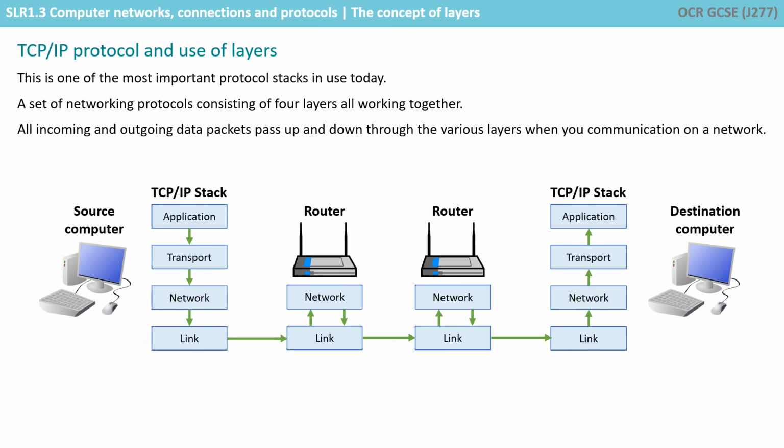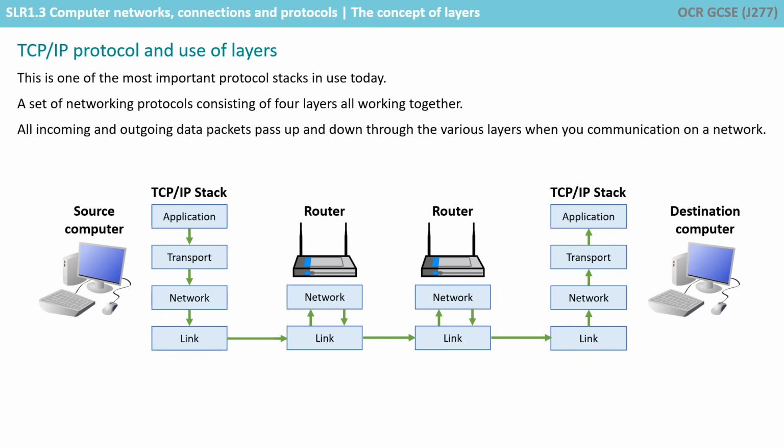All incoming and outgoing data packets pass up and down through the various layers when you communicate on the network. And so we're going to go through these layers in a bit more detail. But very abstractly, first of all, here you can see we have a source computer that needs to communicate with a destination computer. On the way out, it travels down through the TCP/IP stack with the various rules at each layer being applied one at a time.